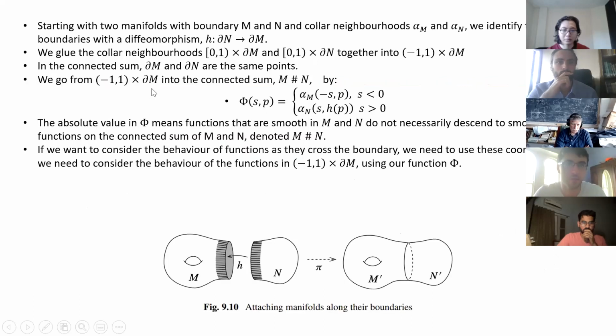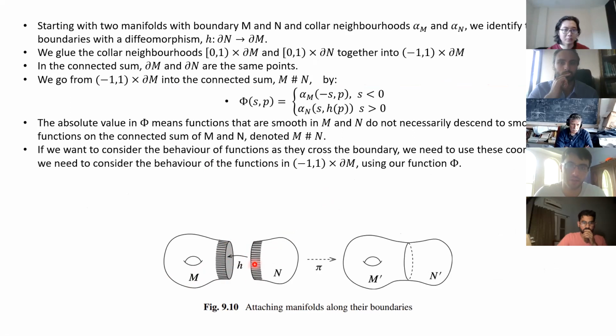The reason we do that is that it creates a good method for gluing manifolds together. If you can see down at the bottom, you have two manifolds m and n, and they have a boundary, and they've got this collar neighborhood thing. The idea is basically you identify the boundaries.